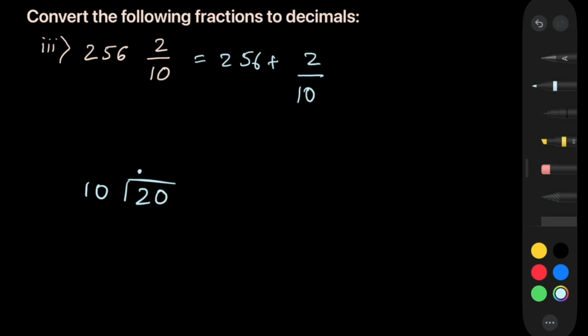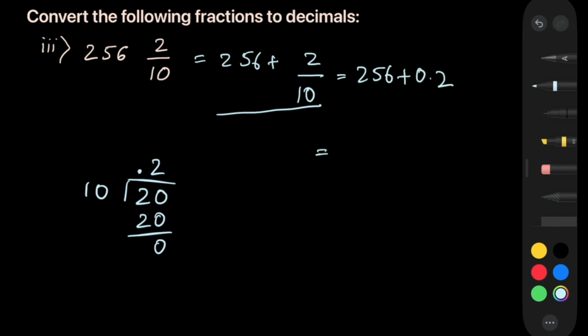So we get 20. Now 10 goes in 20 twice with a remainder of 0. So we can rewrite this as 256 plus 0.2, which is equal to 256.2.